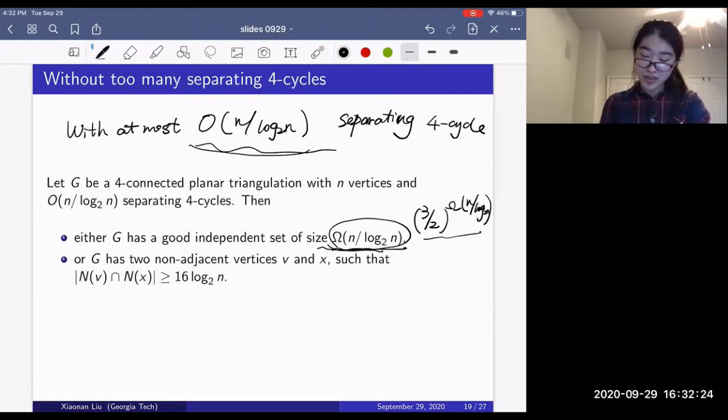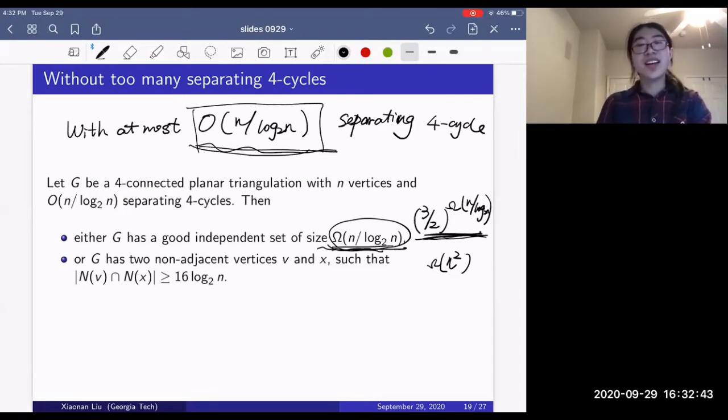So we know that this bound is larger than n squared, but we want to improve this bound. So we must let this number be 8. Okay, so then we just do this one.